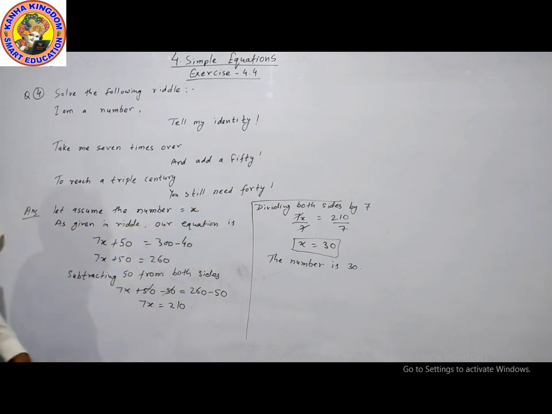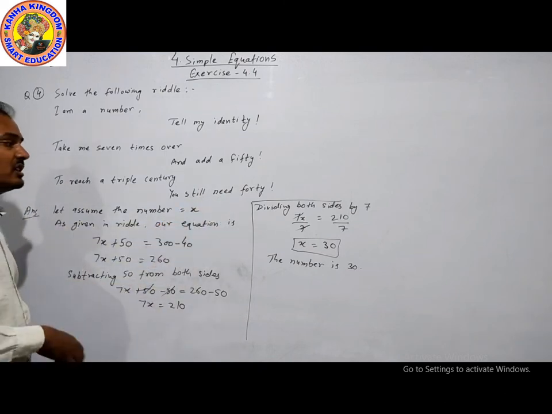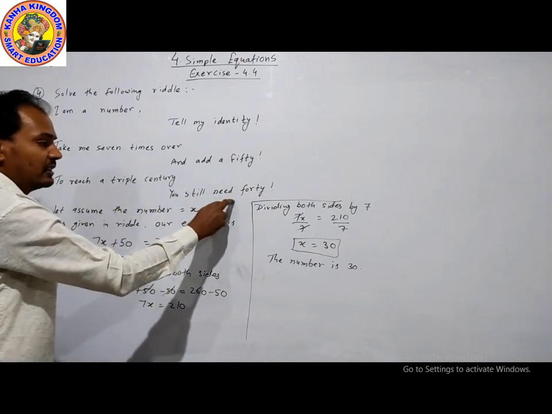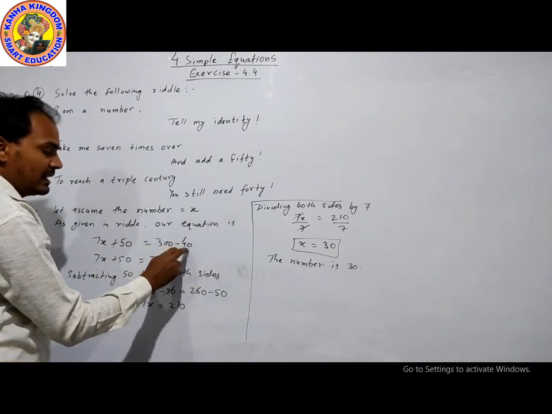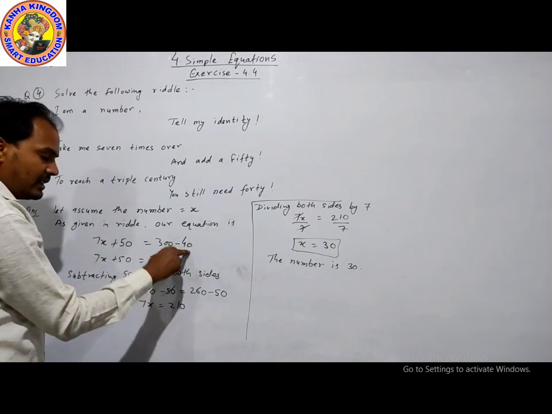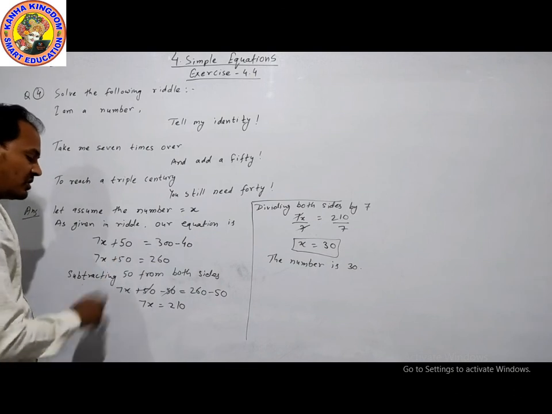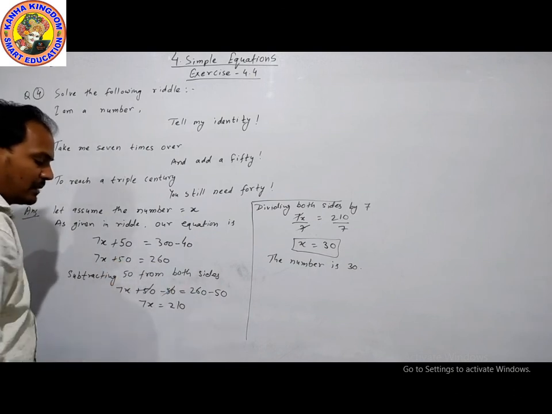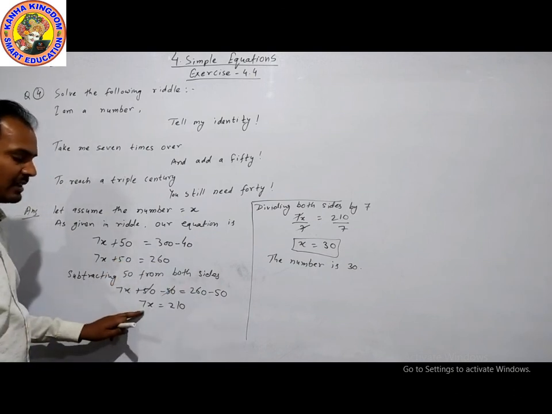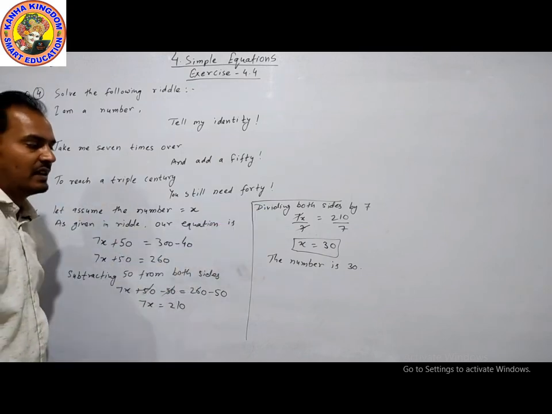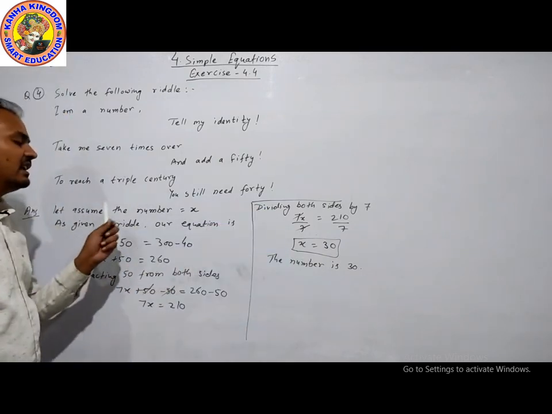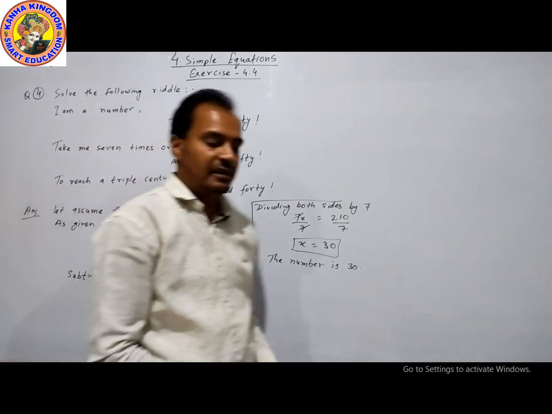You still need 40, which means the triple century minus 40. This is 260. Here it is plus 50, so we will subtract 50. Here it is multiplied by 7, so we will divide by 7. The x is 30. The number is 30.